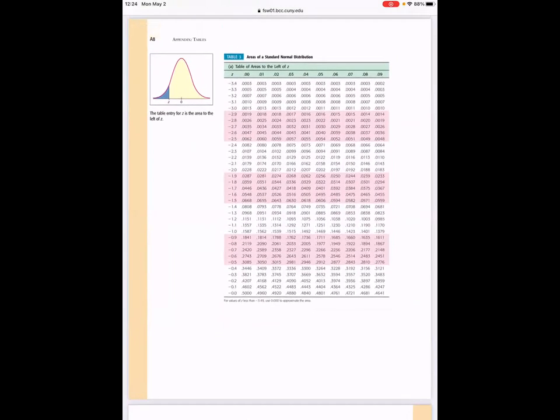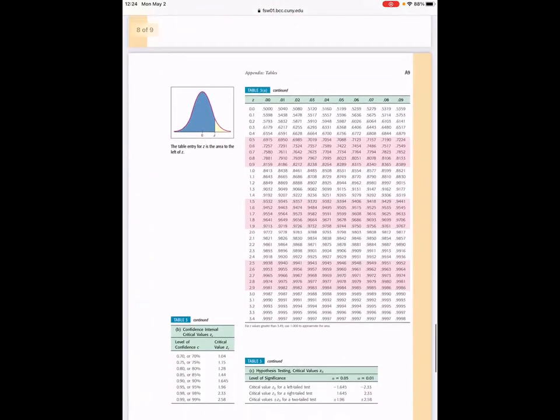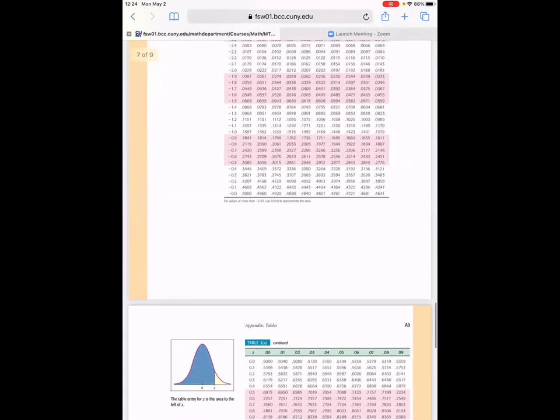You see the first column? Your z is negative: negative 3.4, negative 3.3, negative 3.2, etc. The next page is positive z, right? So that's why I said negative and minus here. There's a big difference between negative and minus, right? The values are not the same. They are completely different.